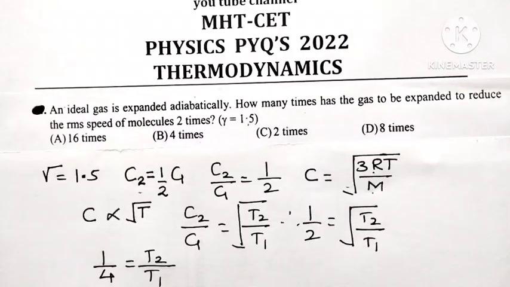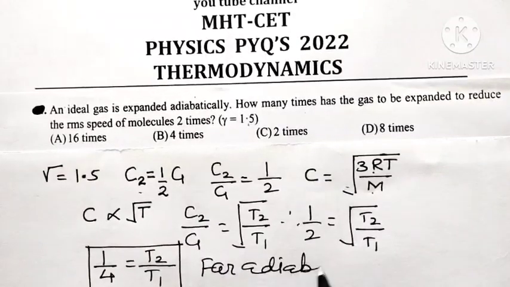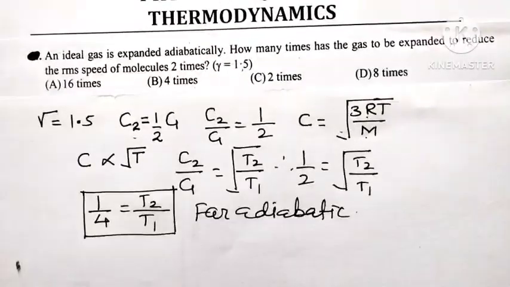So for adiabatic expansion, we know for any adiabatic process, what is the relationship between temperature and volume. T into V raised to gamma minus 1 is constant.